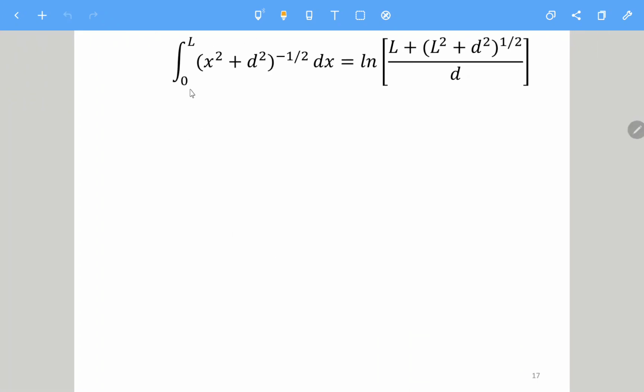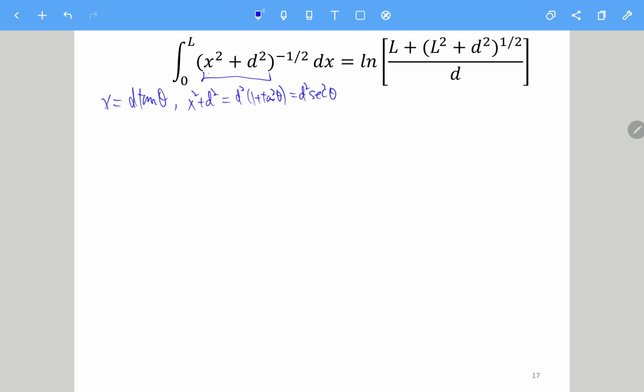So let's see. This integral will be equal to that one. So let's start. When we come across x squared plus a constant squared inside a square root, we always assume x to be d times tangent theta, so that x squared plus d squared becomes d squared times 1 plus tangent squared theta, which will be d squared secant squared theta.